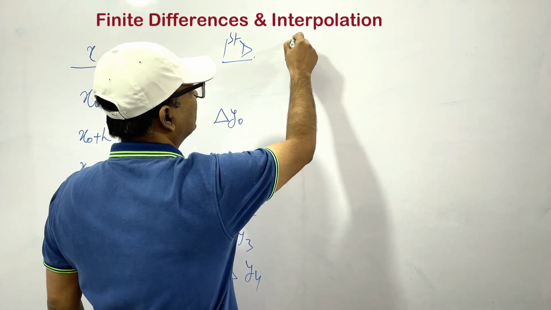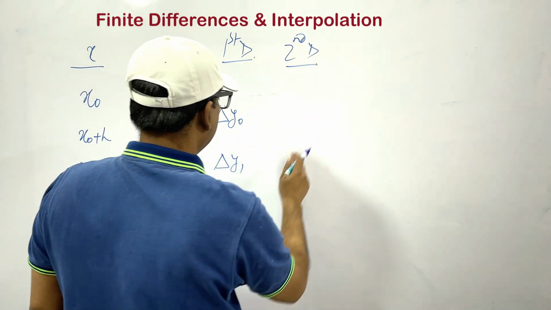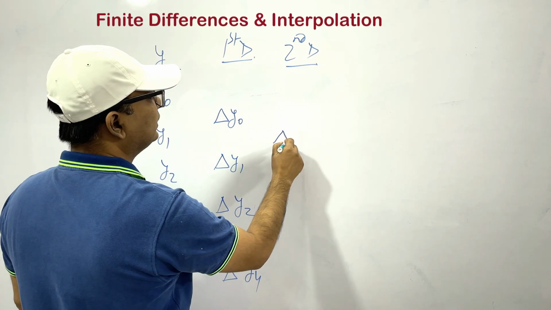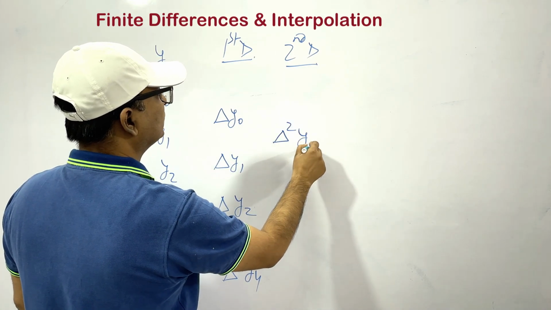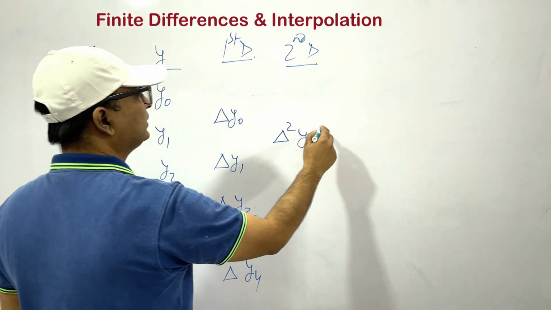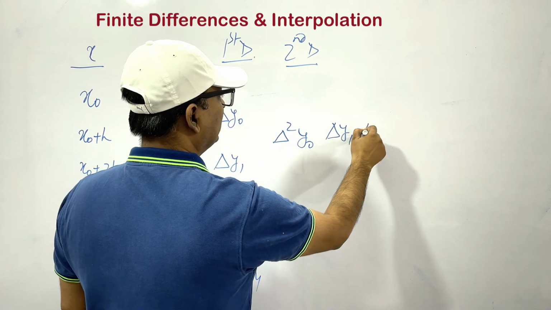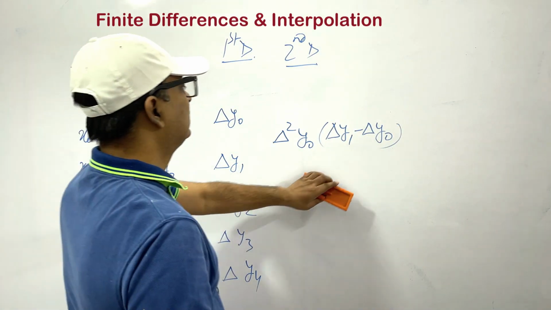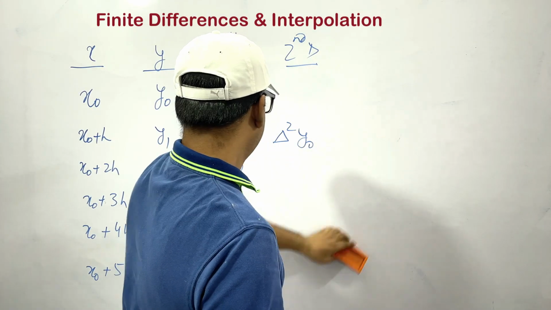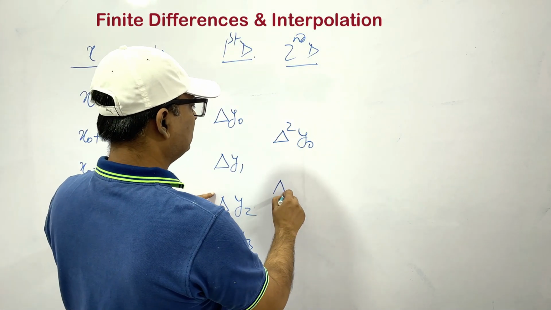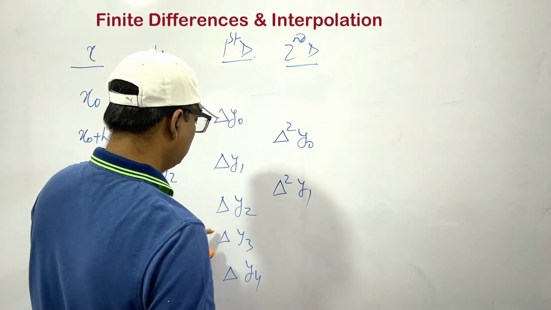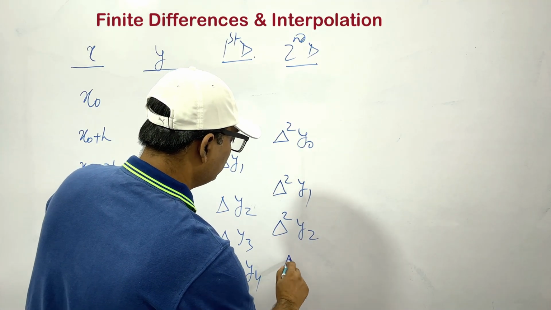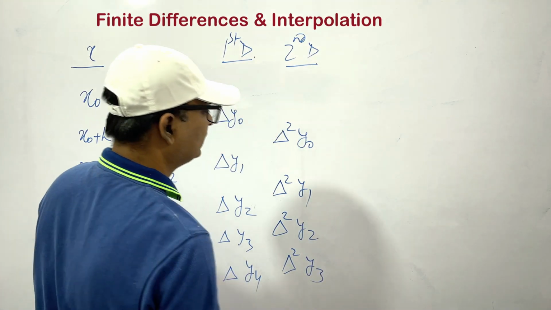Then we have second difference. Second difference will be between this and this. So this is del 2 y0, which is del y1 minus del y0. Okay. Then between this and this, del 2 y1, del 2 y2, del 2 y3. Okay.